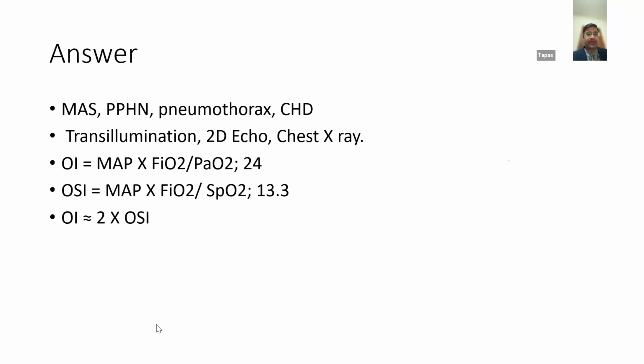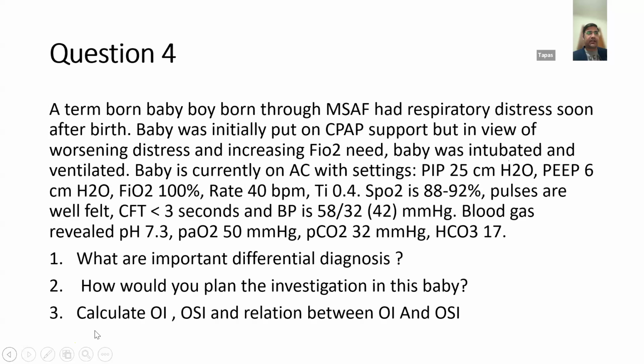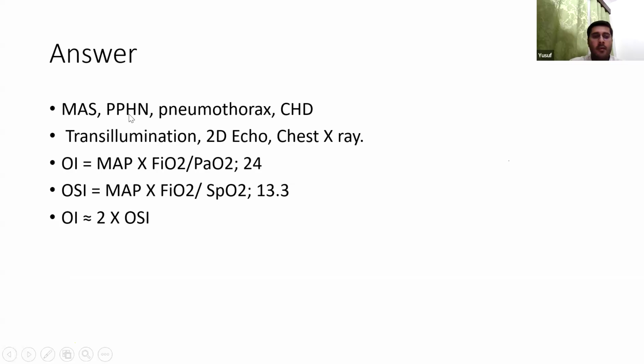What is the formula of MAP? So MAP will be 6 plus PIP minus PEEP, that will be 19, into TI, that is 0.4, by total time. Total time will be 1.5. Yes, so most of you are correct.